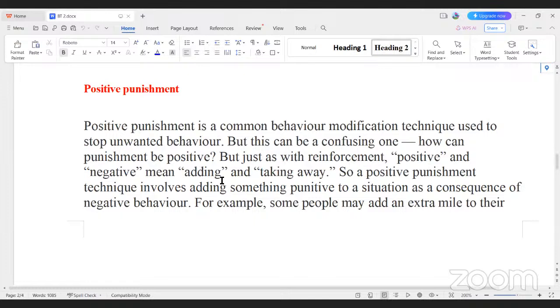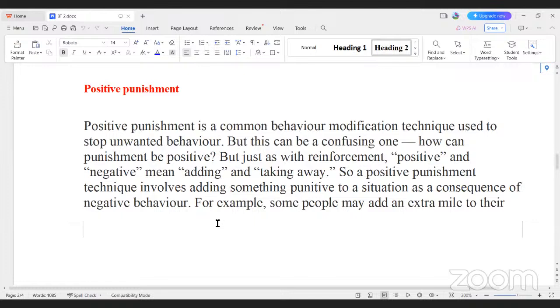How can punishment be positive? Just as with reinforcement, positive and negative mean adding and taking away. So a positive punishment technique involves adding something punitive to a situation as a consequence of negative behavior.